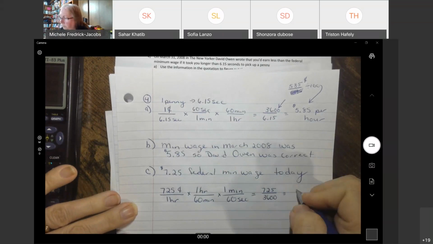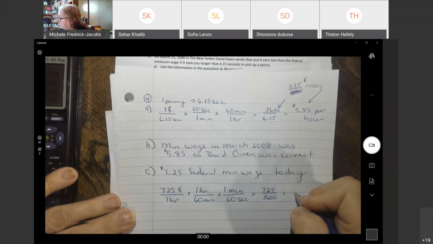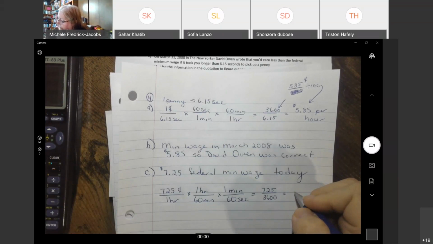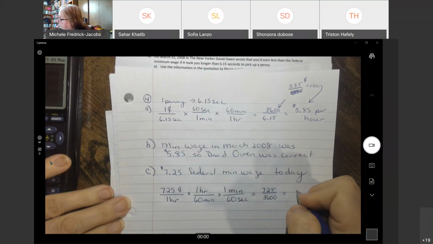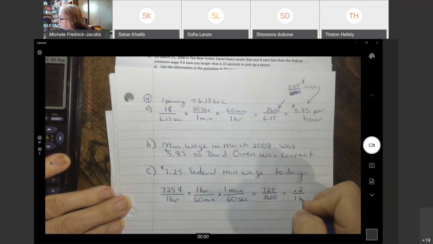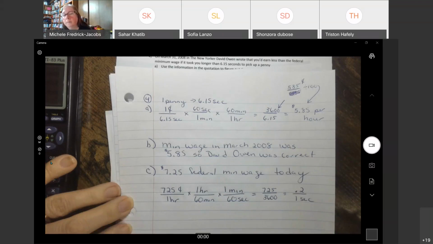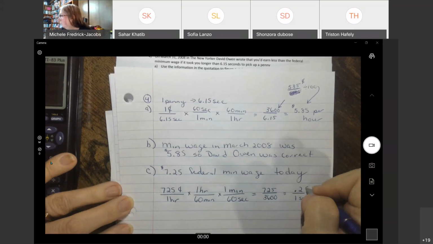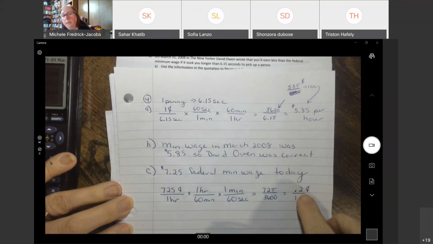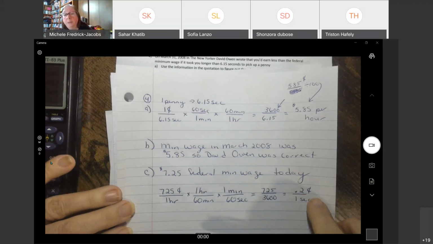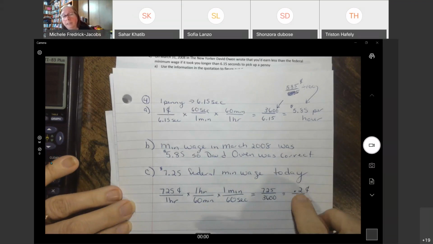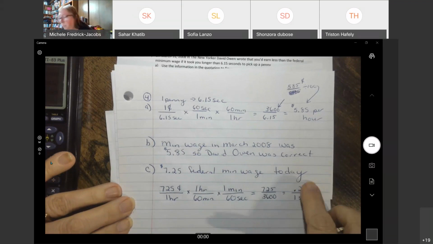I put 0.2 over 1 second. Now this 0.2, that's cents. It's part of a cent, 0.2 of a cent to be exact. We need to get this to a penny. Are there any questions on getting to this part first?